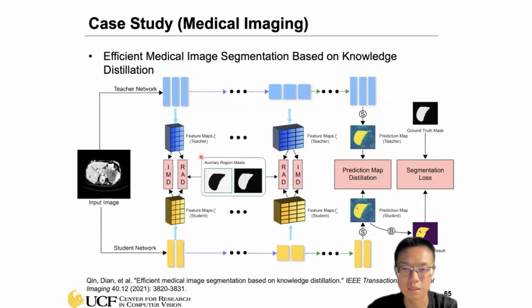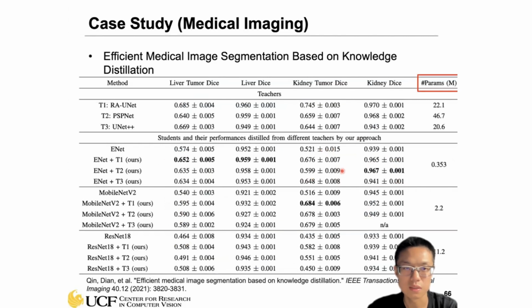The idea is to use a large teacher network and a smaller student network, with different levels of supervision: the feature map level, and also the logits, which is the predicted segmentation map, as the supervision for the knowledge distillation. In this case, they are able to generate a much smaller student network, with a much smaller number of parameters, but similar segmentation accuracy in terms of the DICE score.